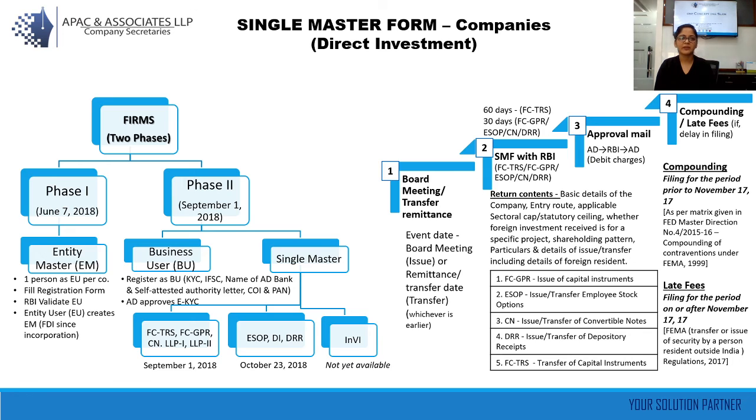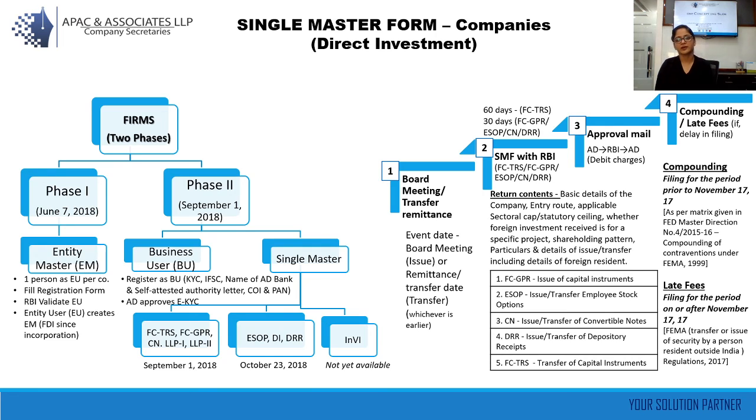The compounding fee matrix and the process of compounding is detailed in Master Direction number 4/2015-16 on compounding of contraventions under FEMA 1999. And if the event date is on or after November 17, 2017, the entity shall be liable to pay the late filing fees as per the FEMA Transfer or Issue of Security by Person Resident Outside India Regulations 2017, whose details would also be sent by RBI through email.